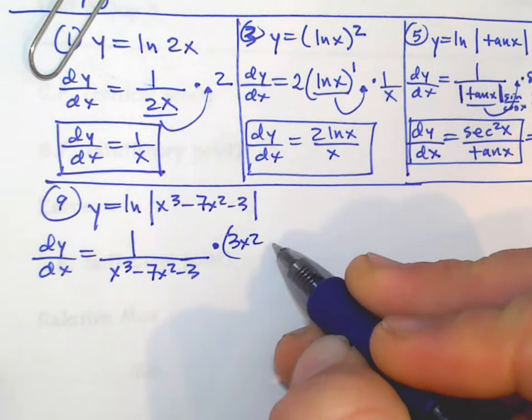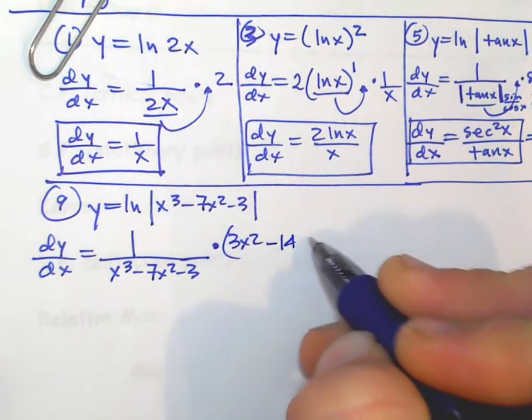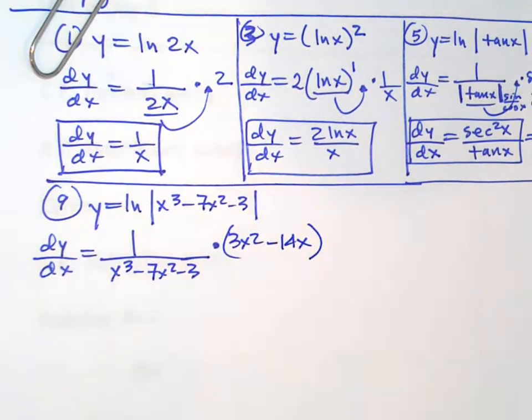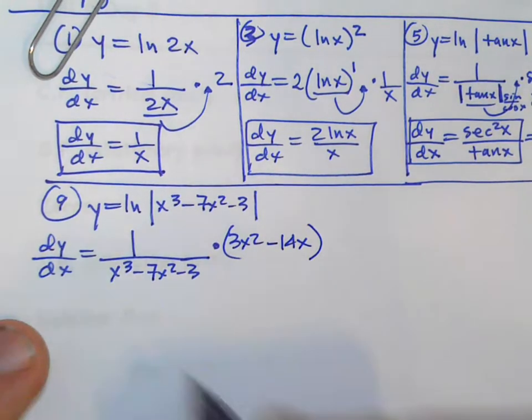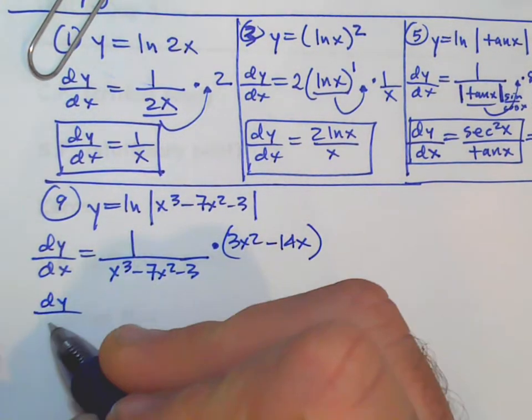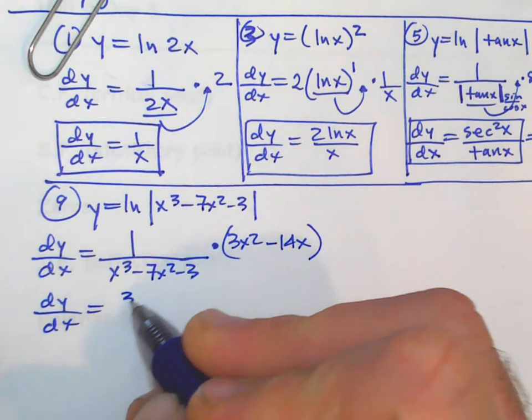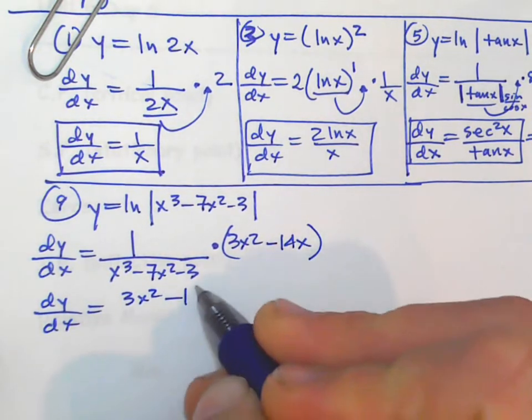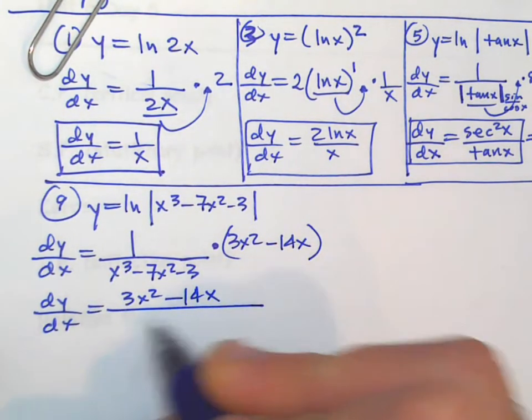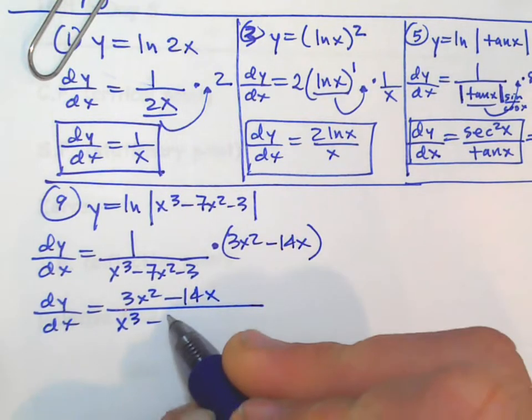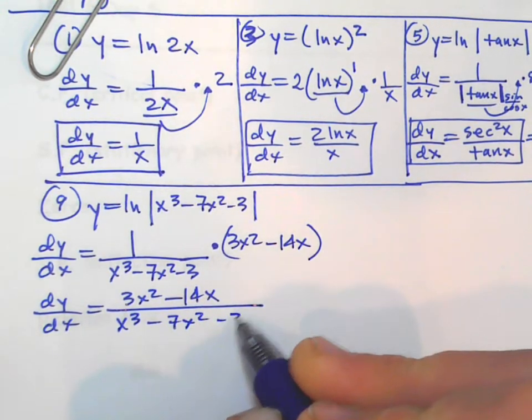Now you really should put parentheses around this because it's a bunch of terms. And so your final answer is dy dx equals 3x squared minus 14x over x cubed minus 7x squared minus 3.